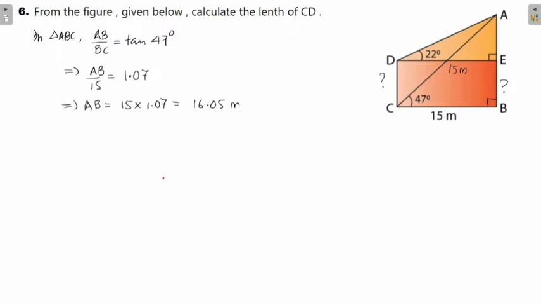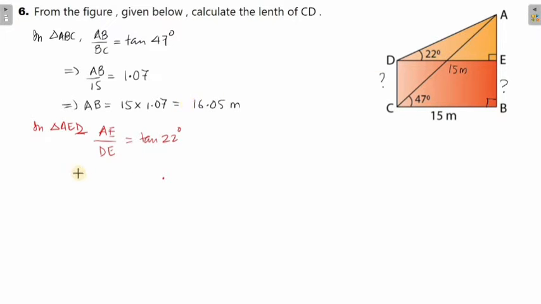Now let's observe another triangle, that is the smaller right angle triangle AED. In triangle AED, again AE is your perpendicular, so let me make use of the same thing, that is AE by the base, that is DE. Again this is perpendicular by base, so that's why it's going to be tan theta, whereas here the value of theta is given to be 22 degree.